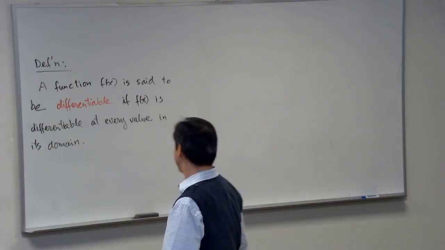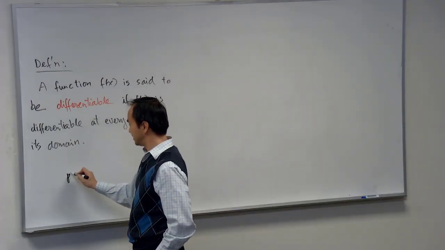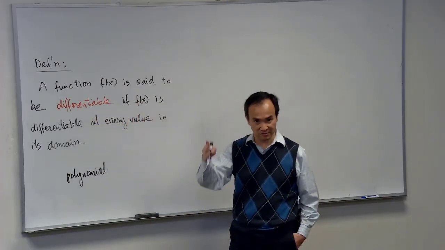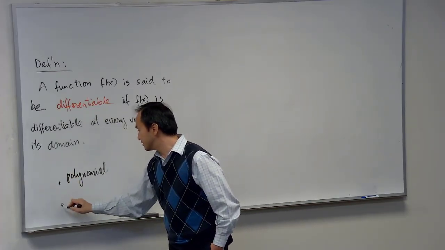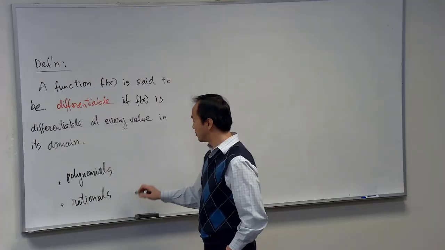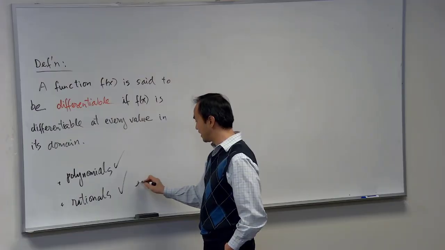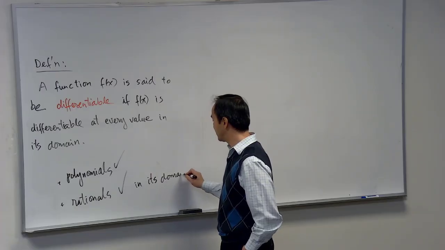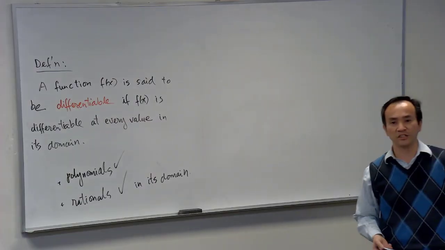Okay? So famously, just think about any polynomial. Yes, any polynomial will be differentiable, meaning we can have a tangent line anywhere in the domain. And then the rationals that we work with. Rational functions are also differentiable, just in their domain, which is any x value except the x that causes the denominator to equal 0.